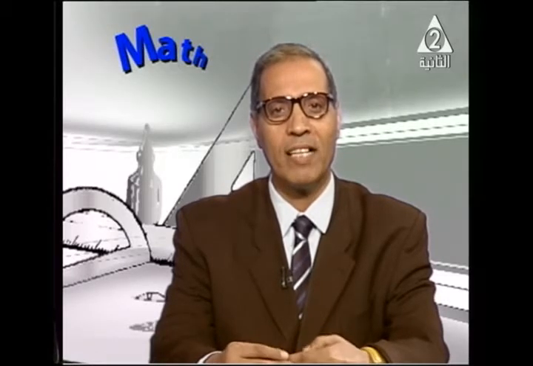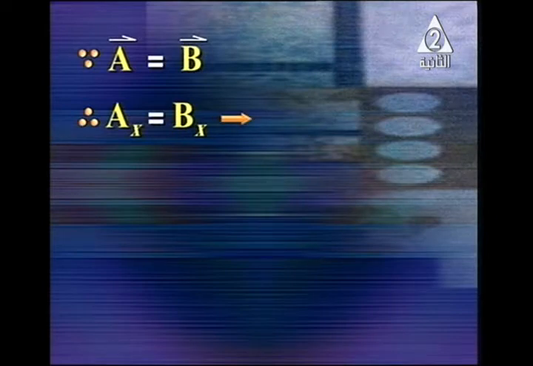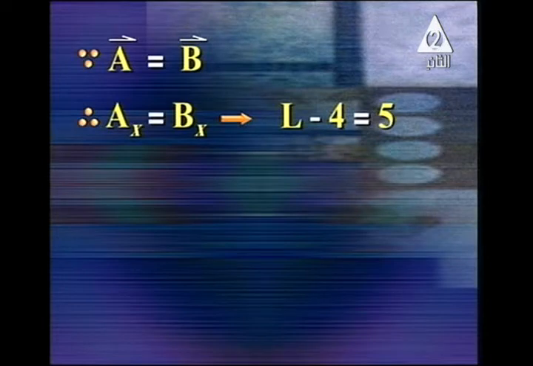Dear student, look at the solution. Since A vector equals B vector, AX equals BX, then L minus 4 equals 5. What is L? L equals 9.